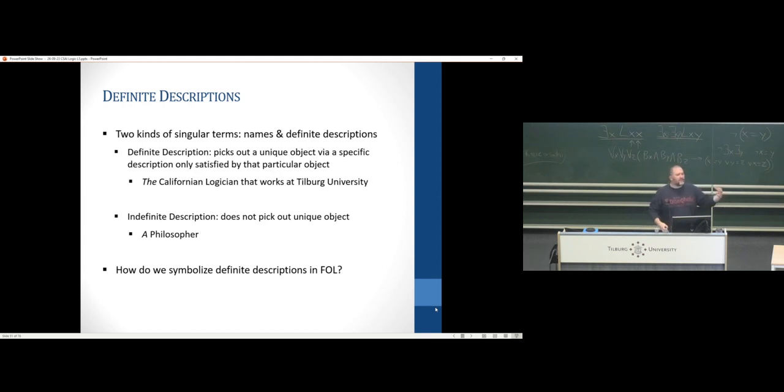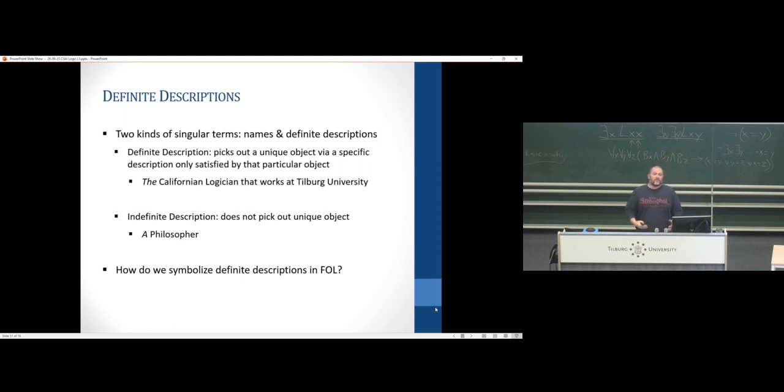We don't necessarily learn anything about what an object's like by learning that it's picked out by a name. In contrast, definite descriptions pick out an object via a description that one and only one object satisfies. So a cheap one: the Californian logician that works at Tilburg University. I'm pretty sure that picks out me. There might be others, but I'm pretty sure that's me.